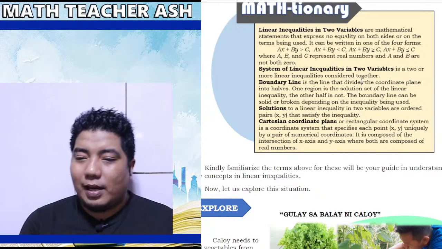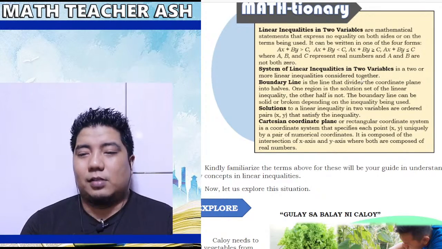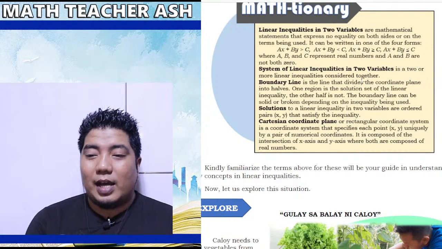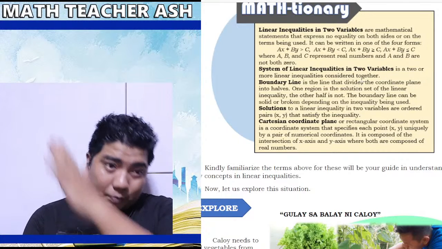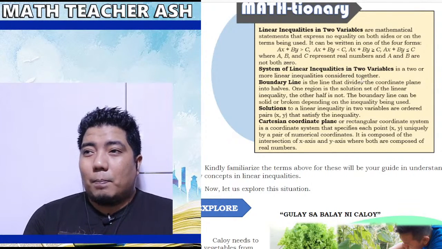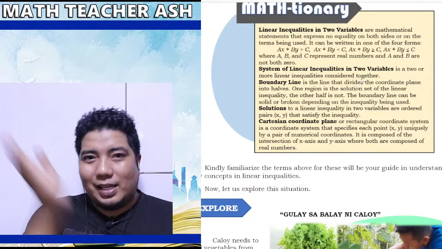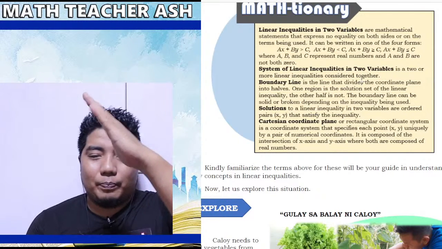Okay, boundary line. Boundary line is the line that divides the coordinate plane into halves. One region is the solution set of the linear inequality and the other half is not. Okay, ito yung tinatawag natin na pagitan or ito yung basis. Kunwari, pag sinabi natin ito yung boundary line, okay?